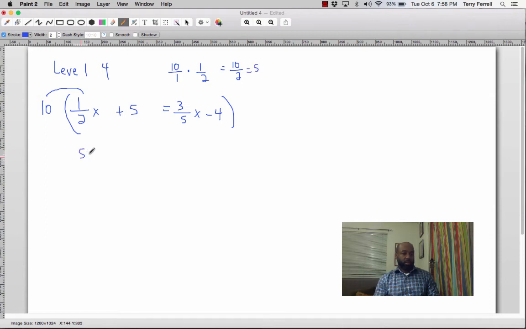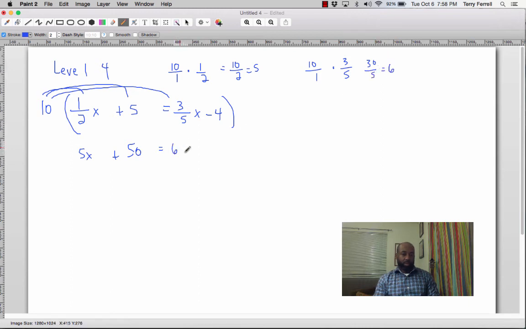So this is 5x plus 10 times 5, which is 50, equals, now I gotta go 10 times this, which is really 10 over 1 times 3 over 5, which is really 30 over 5, which is really 6.